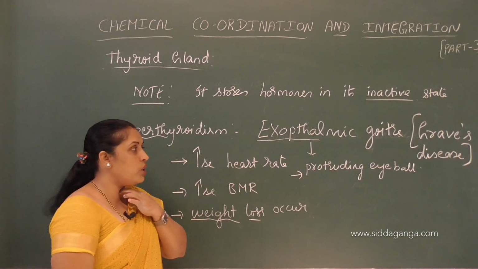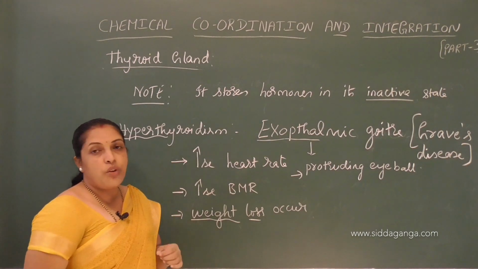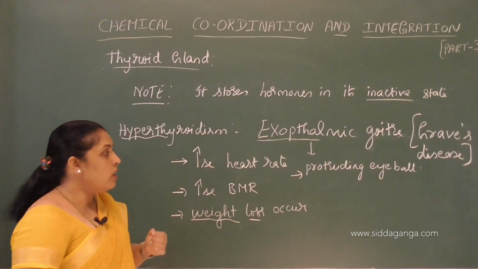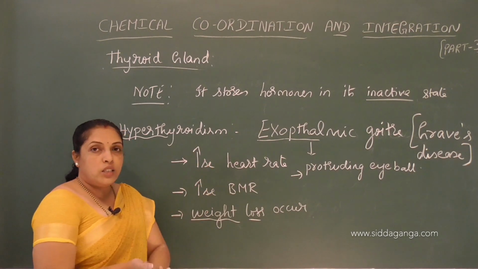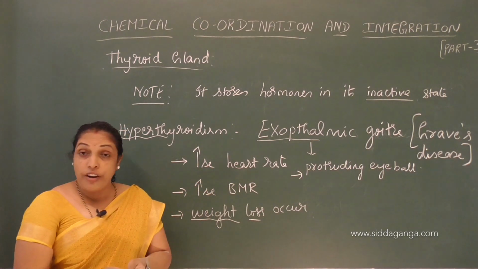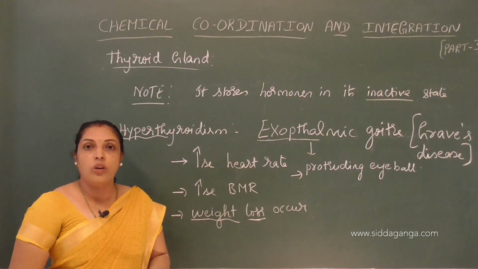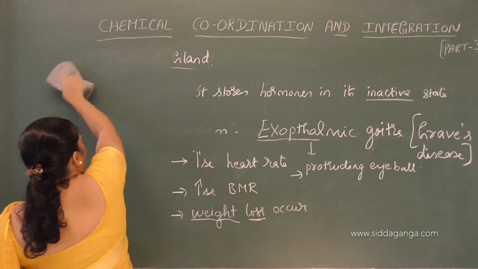With the enlargement of thyroid gland we see protrusion of eyeball, that's why it got the name exophthalmic goiter. In that person we see increase in heart rate, increased basal metabolic rate, and weight loss occurs in spite of taking regular food. That is about the thyroid gland.